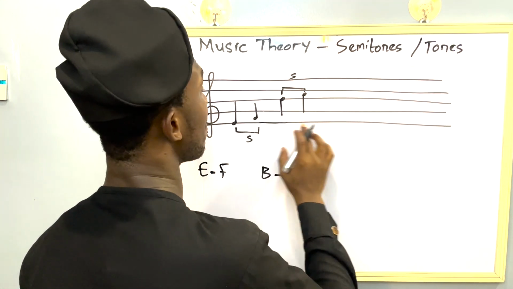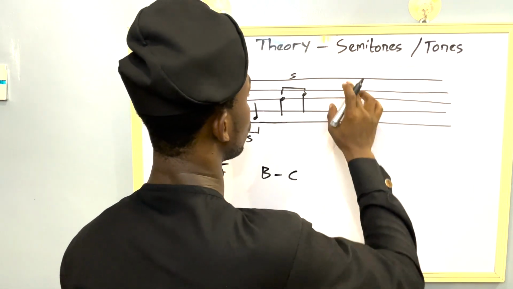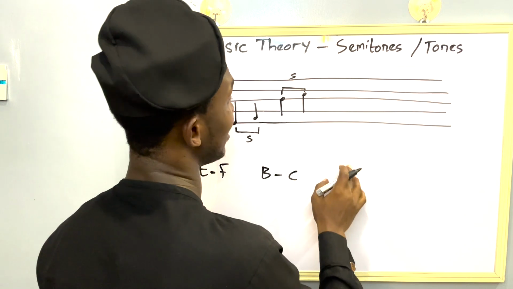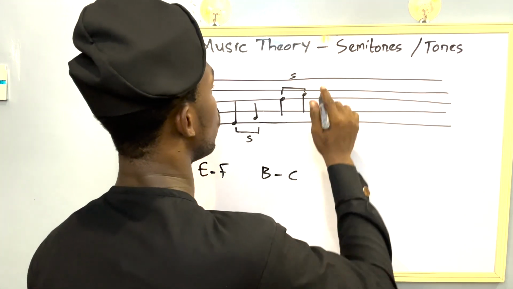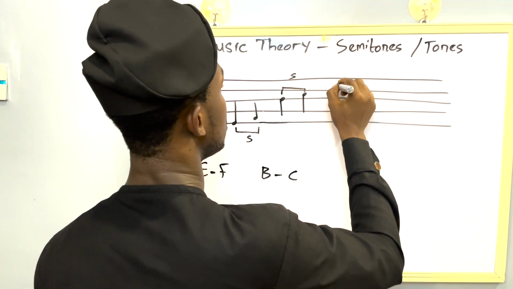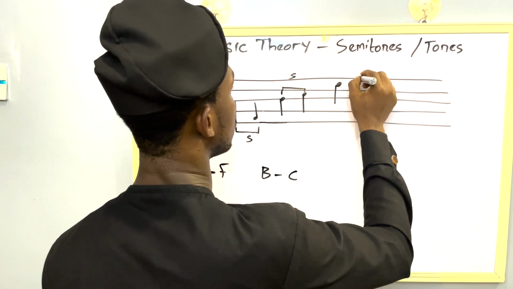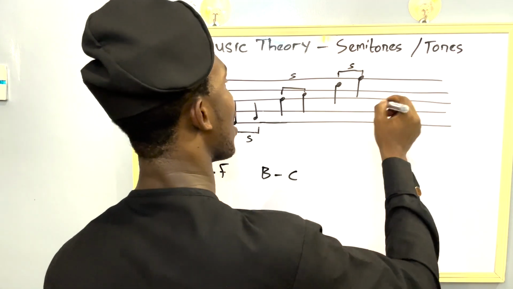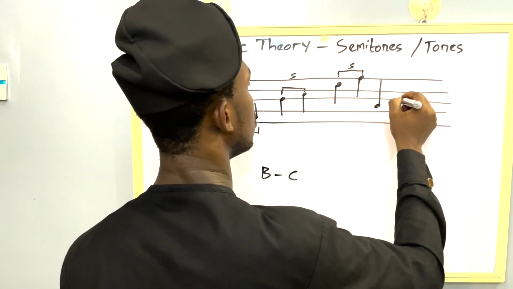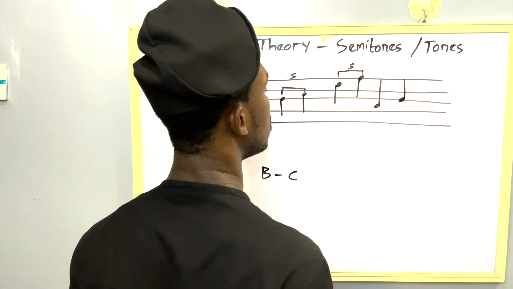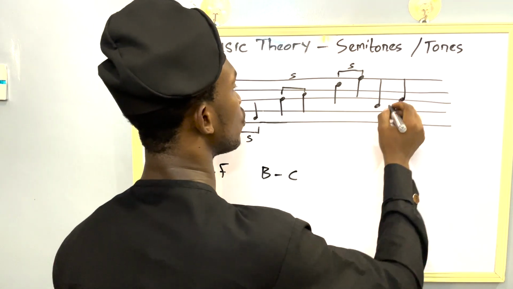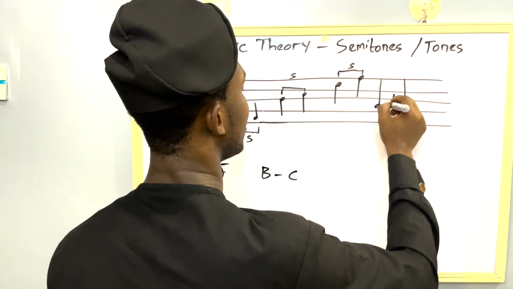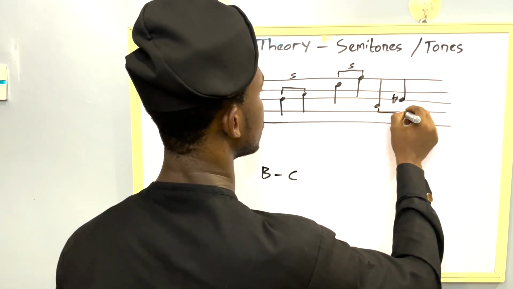In order to make those places that are not natural semitones into a semitone, we have to add accidentals. So E to F is a semitone. But when you have A to B, for example, what you can do to make this a semitone is to put a flat on B. So A to B flat is what will give you a semitone.